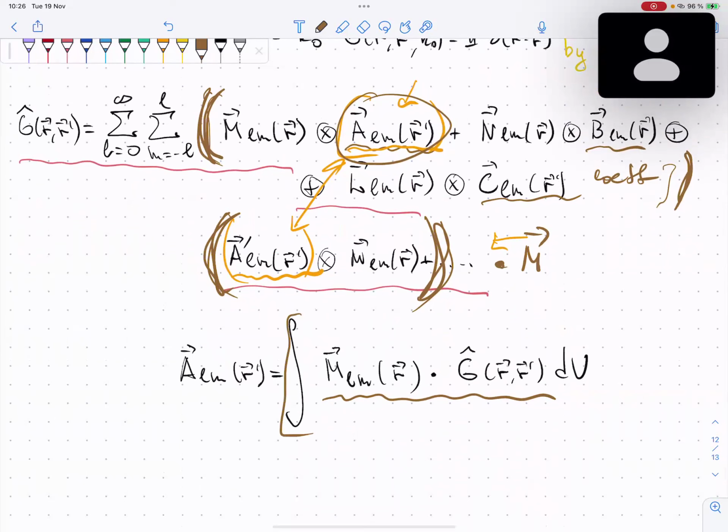Such an integral will give you this coefficient. With dyadics it's the same as with vectors and scalar functions.